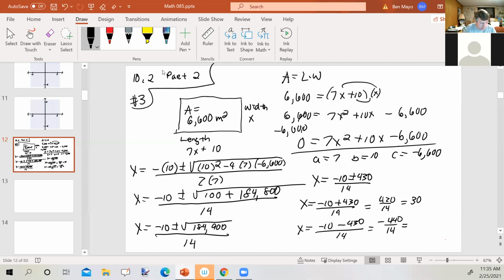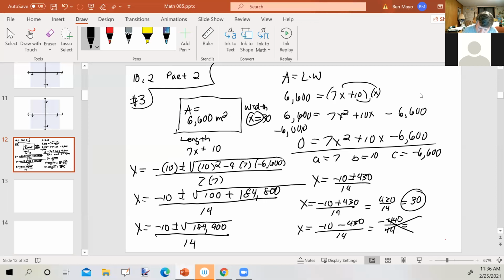Negative 440 divided by 14 is some awful number, but it doesn't matter because x is a width, it's a distance, it can't be negative. So it doesn't work for the problem. It's a solution to the equation, but not to the actual original situation. So x is 30.